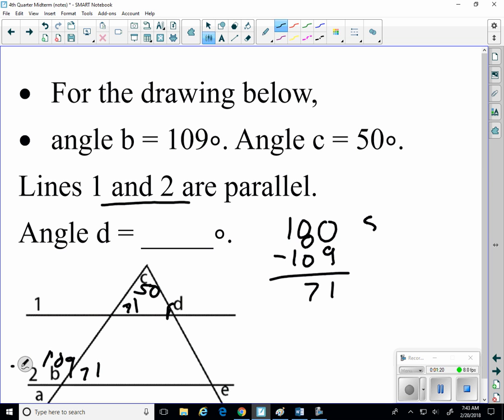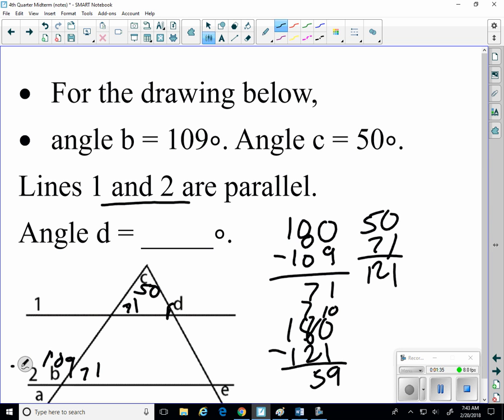So 50 plus 71 makes 121, and so we say 180 minus the 121, and that would be 59 degrees.